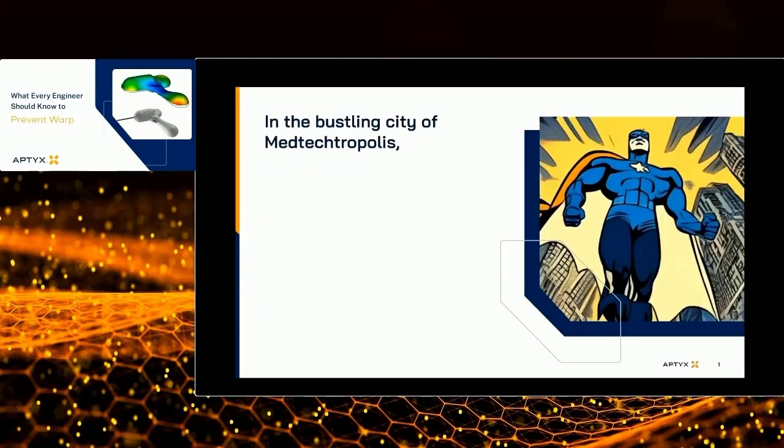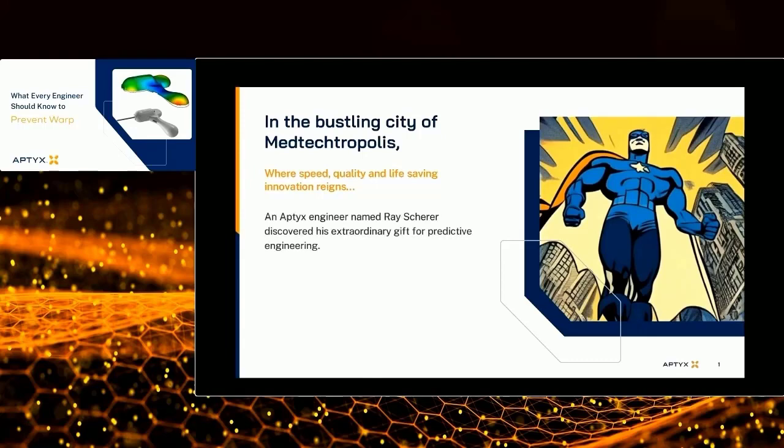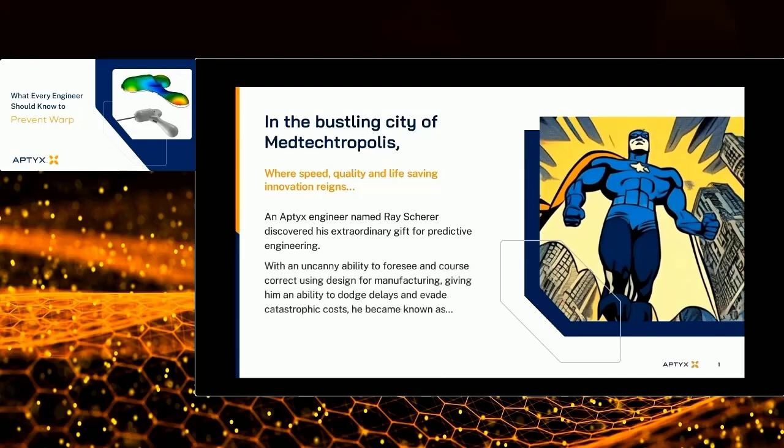In the bustling city of MedTechtropolis, where speed, quality, and life-saving innovation reign, an Aptyx engineer named Ray Scherer discovered his extraordinary gift for predictive engineering. With an uncanny ability to foresee and course-correct using design for manufacturing, giving him an ability to dodge delays and evade catastrophic costs, he became known as the Great Raydini.